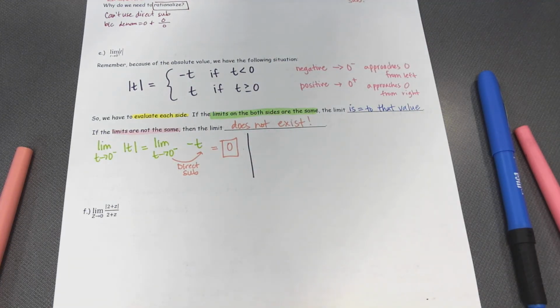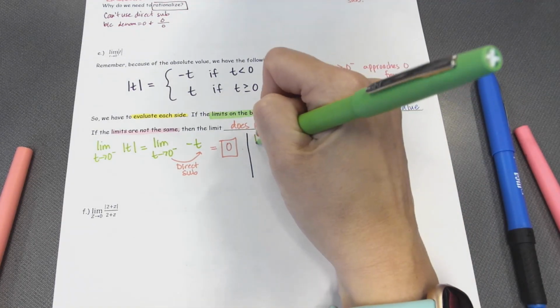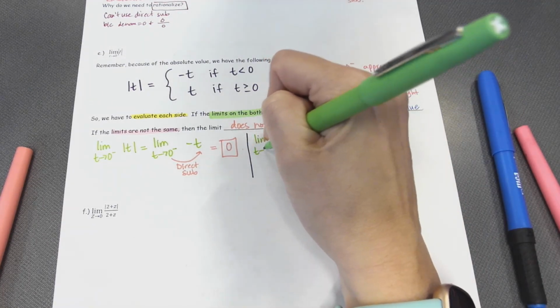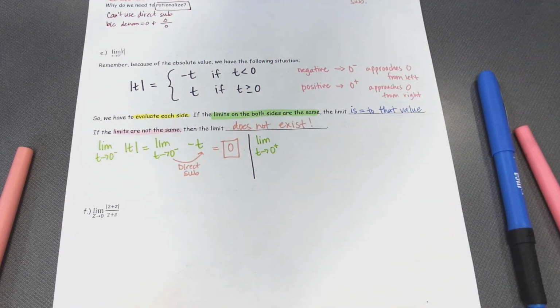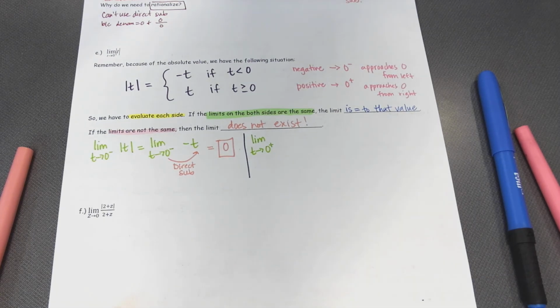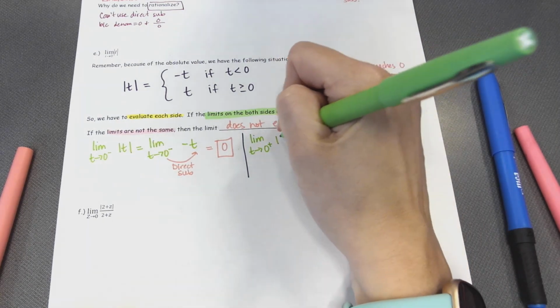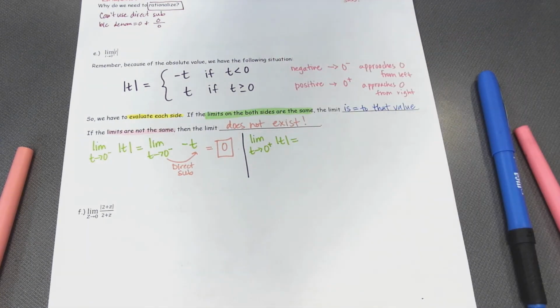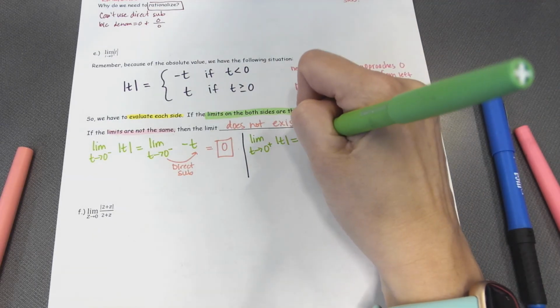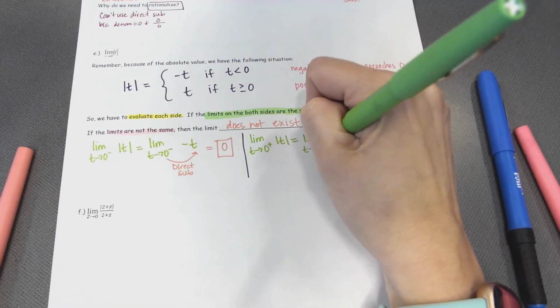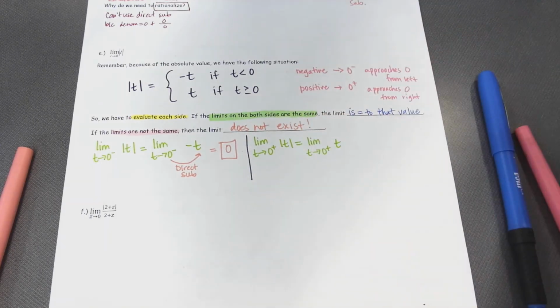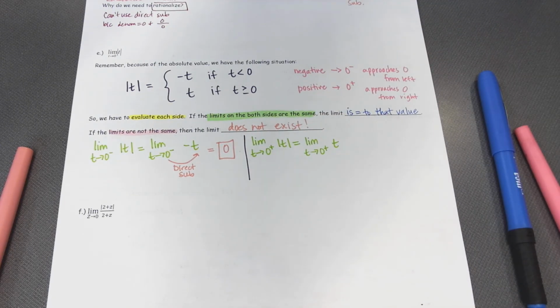Okay, and then we're going to do the same thing on the other side. So we're going to find what happens as we approach 0 from the right side of the absolute value. So from the right side, that's just the same thing as t. That's the positive value.